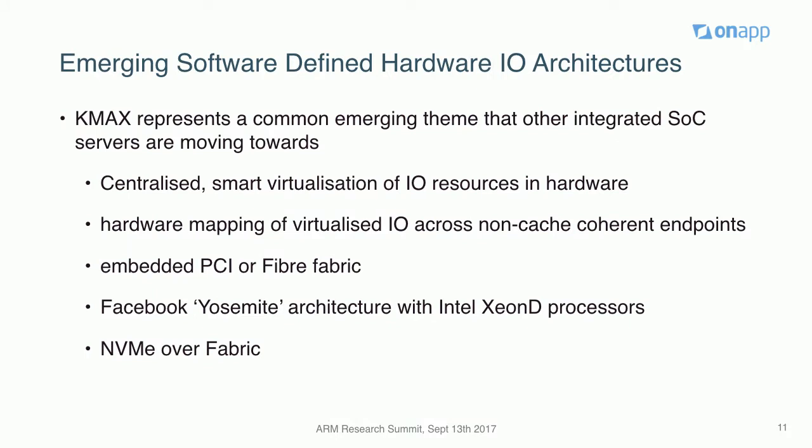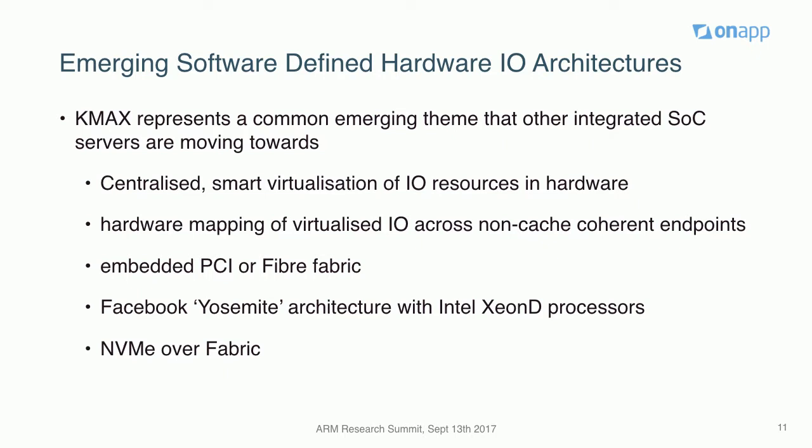So, this slide is just to illustrate that what we're dealing with here is something that I would consider to be an emerging theme. We're not the only people looking in this space. It's quite a common emerging architecture that we're seeing, and we heard a presentation from Noah at Cambridge University in an earlier session today, talking about the CAN-D system, which is a similar concept.